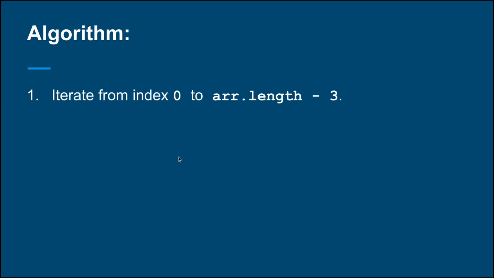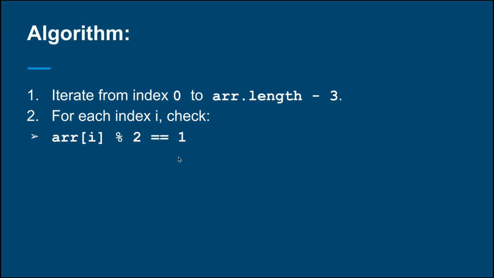Let's talk about the algorithm. I'll show you the example of what I'm trying to say. We'll iterate from index 0 to the array length minus 3, because we have to check three consecutive array elements. So for each i, we'll check that the array at i should not be divisible by 2, the remainder should be 1.